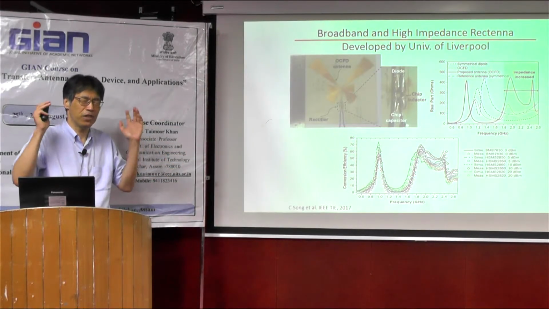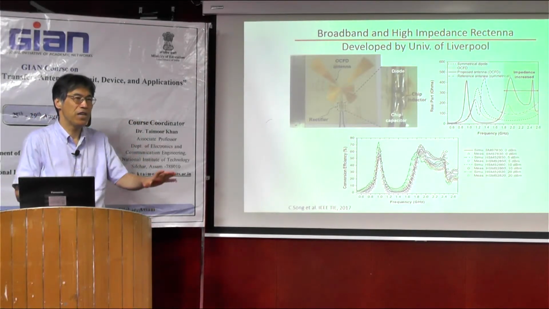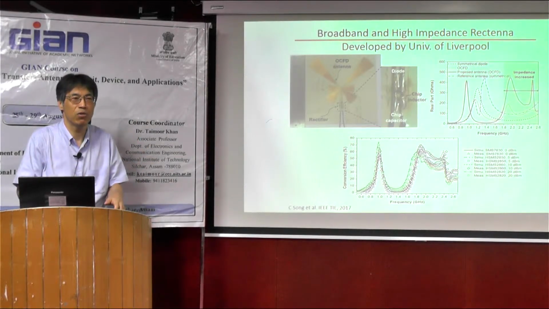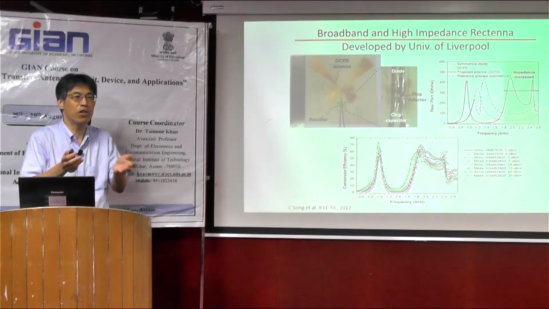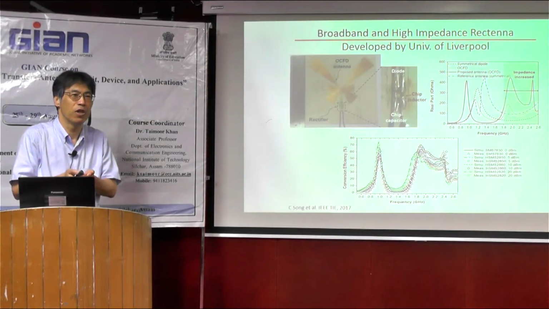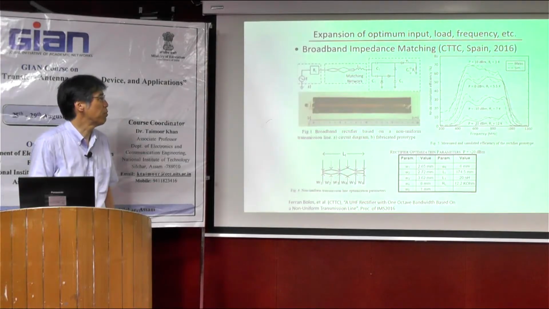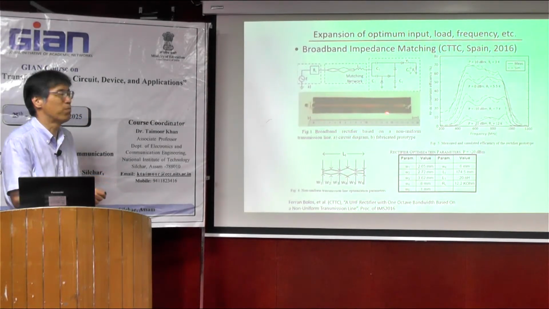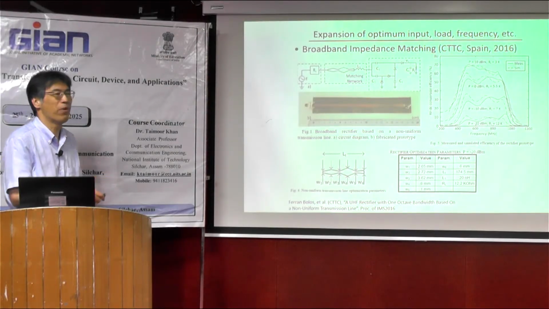But please go back to the rectenna. A rectenna involves an antenna and a circuit. And as I mentioned in the previous talk, we need a wideband impedance matching point, even in the circuit. So the other group, a Spanish group, proposed a broadband impedance matching circuit at the rectifier.